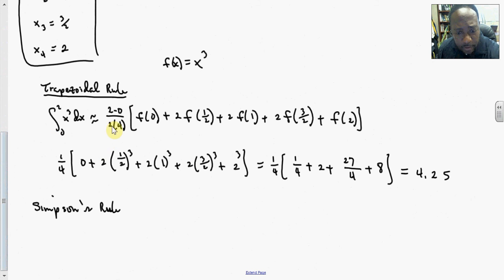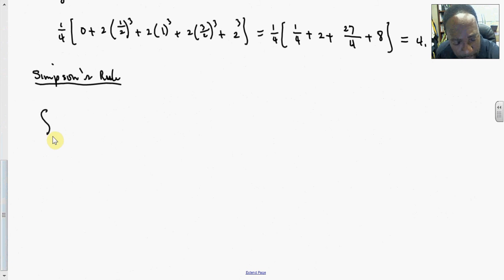So instead of dividing by 2, we divide by 3, and then the multiples of the functions alternate with 4, 2, 4, 2, and then we end with 4. The first term, f of x sub 0, is not multiplied by a number, and then f of x sub n is also not multiplied by a number. So let's see.